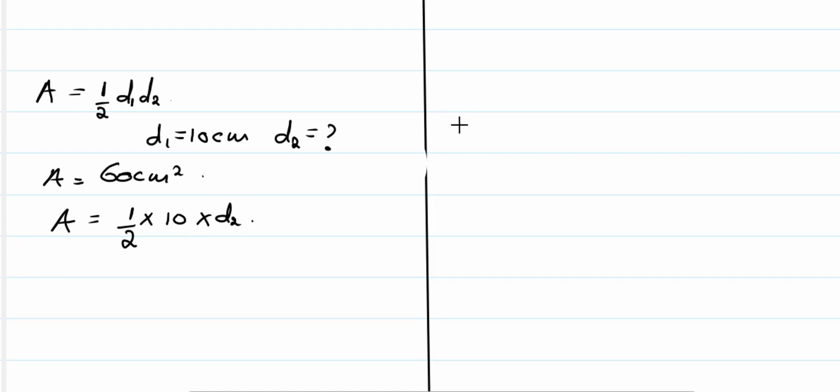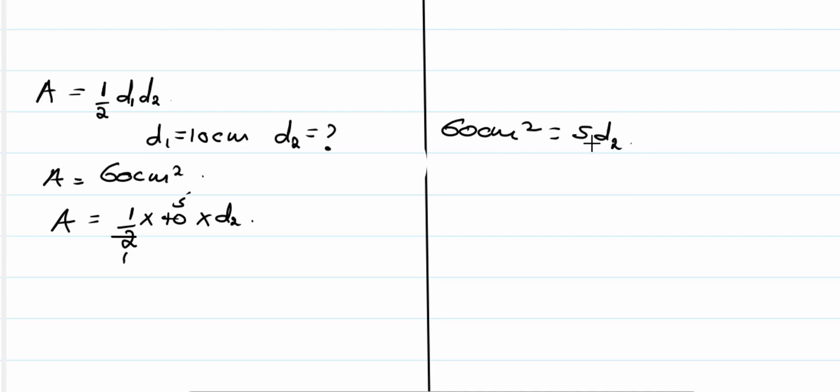So the area, which is 60 centimeters squared, will be equal to, if I come here, I can divide these 2 by 2, 1 by 2, 5, so that now it becomes 1 multiplied by 5, which is 5, multiplied by d2, which now will be 5 d2. d2 is representing the second diagonal.